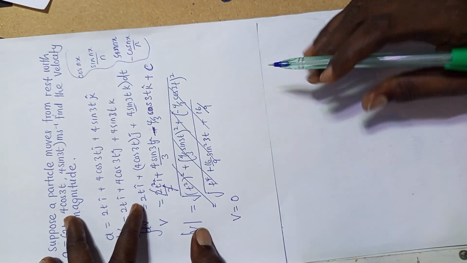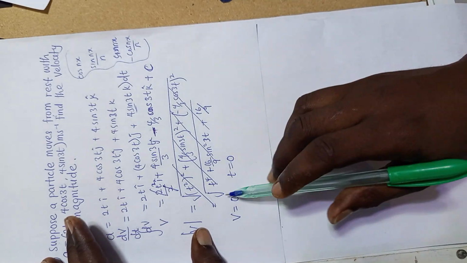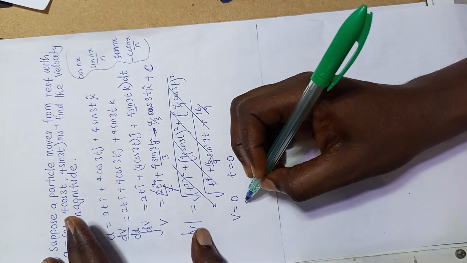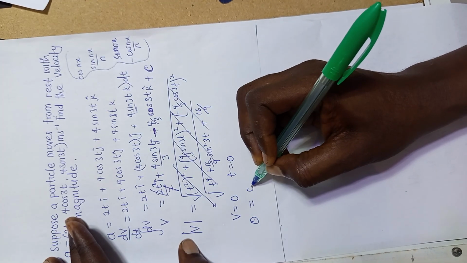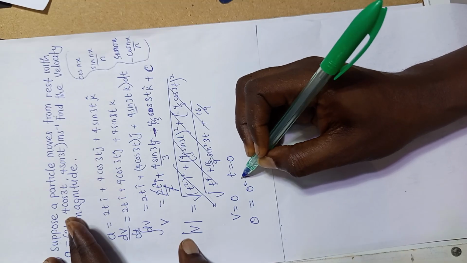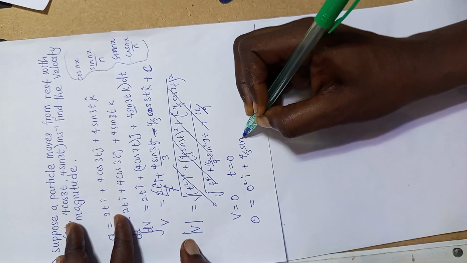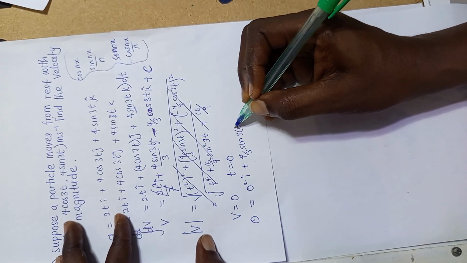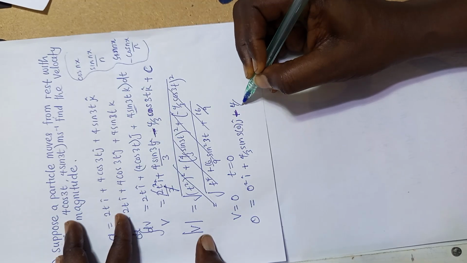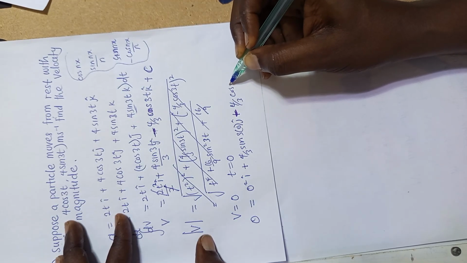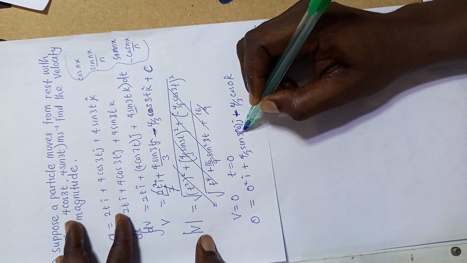t is equal to 0 also. So when t equals 0 and v equals 0, what do you have? You have 0 equal to 0 square i plus 4 over 3 sine 3 times 0 j minus 4 over 3 cos 0 k, because anything multiplied by 0 will give us 0.